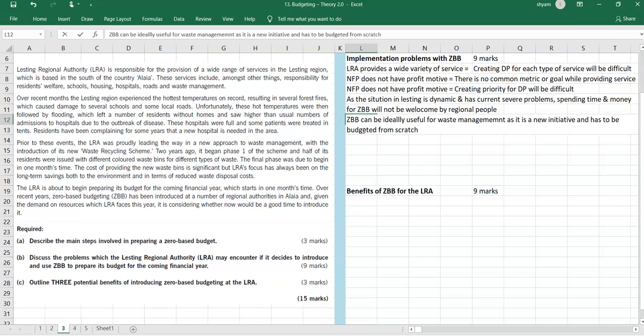Okay, see, ZBB has to be created from scratch only. So even for this waste management also it has to start from scratch only. So both seem to be ideally suited. Okay, so we can tell that as a point.